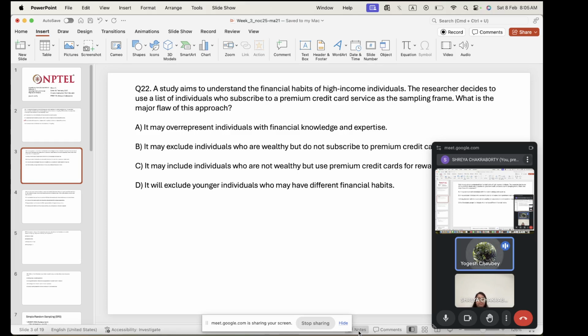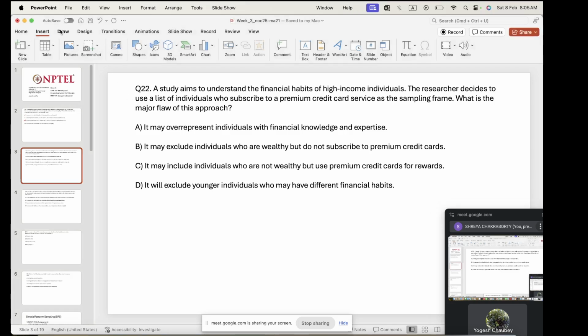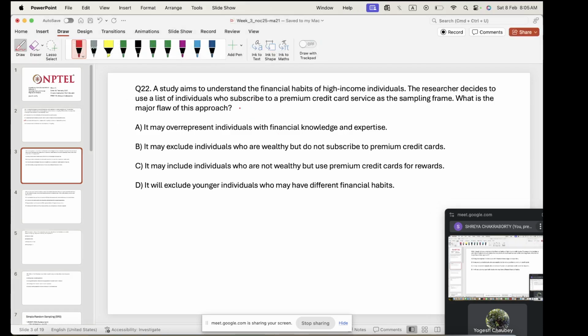It may exclude individuals who are wealthy but do not subscribe to the premium card. B may exclude. Yes, even I feel B seems more correct in this case.